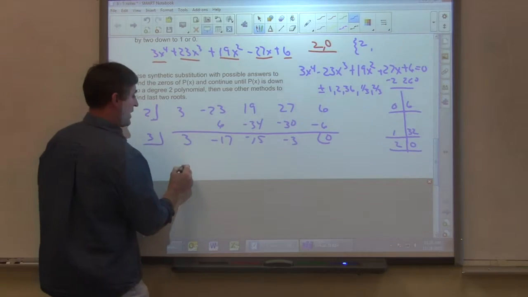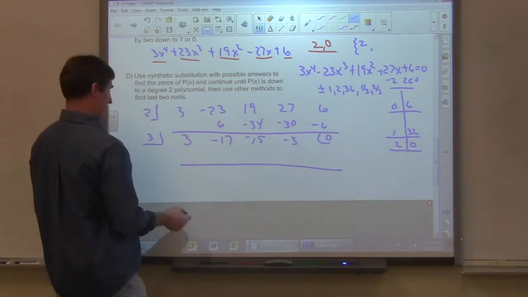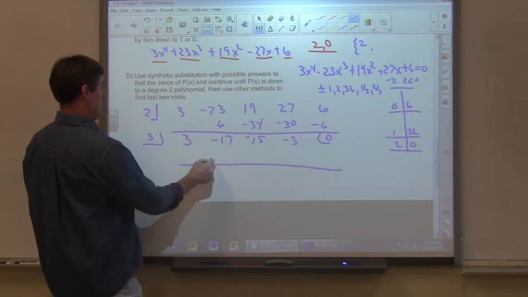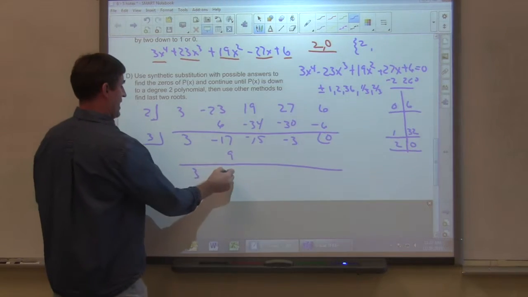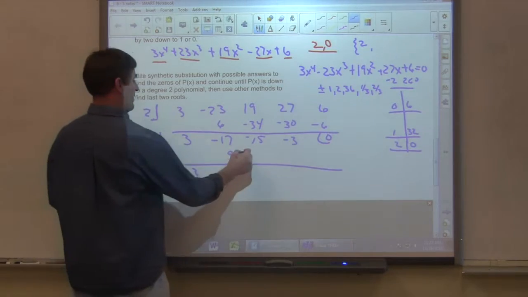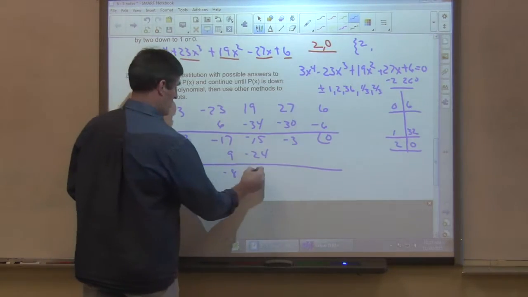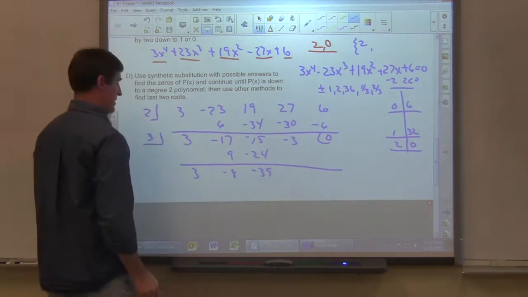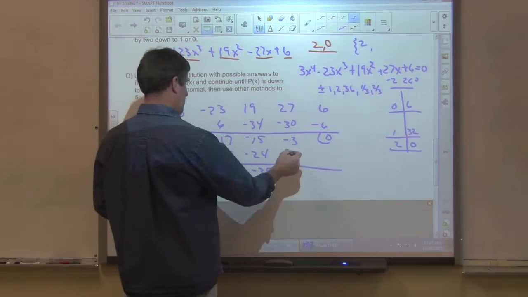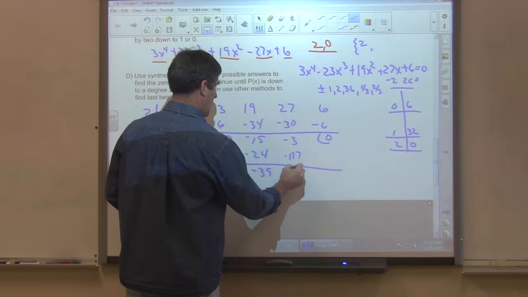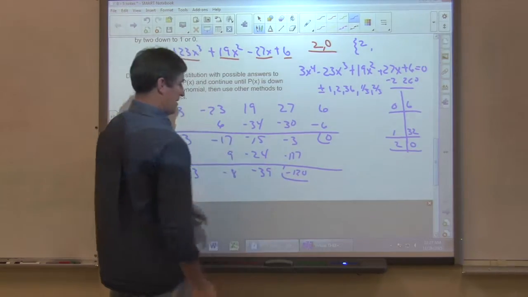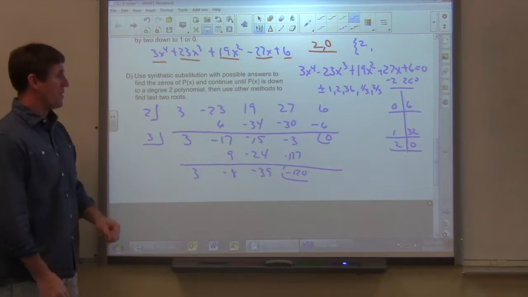And if I try 3, 3 comes down. 3 times 3 is 9. We get -8. 3 times -8 is a -24. We get a -39. Times 3 would be a -117. And so we get -120. It's not a 0, so 3 doesn't work.